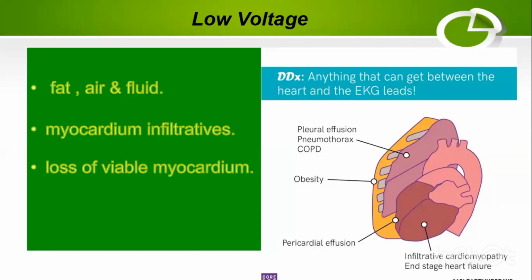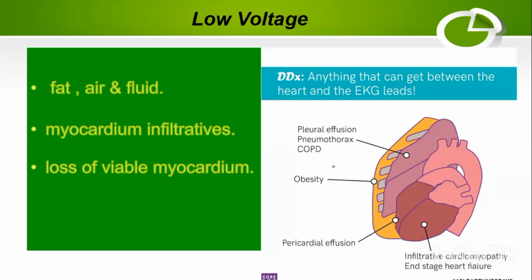We can start now with the causes of low voltage QRS: fat, air, or fluid. Any fat, air, or fluid can interfere with electricity movement or voltage. Also myocardial infiltrates like amyloidosis, and loss of viable myocardium like post-MI or dilated cardiomyopathy.